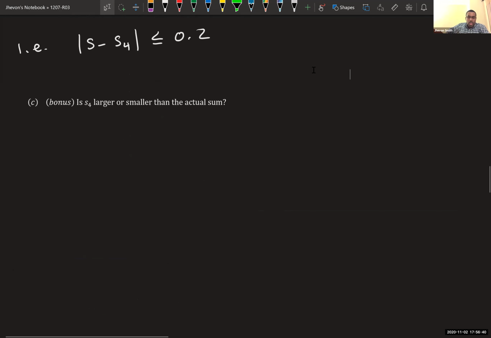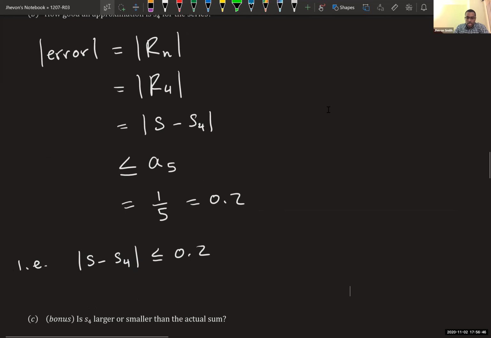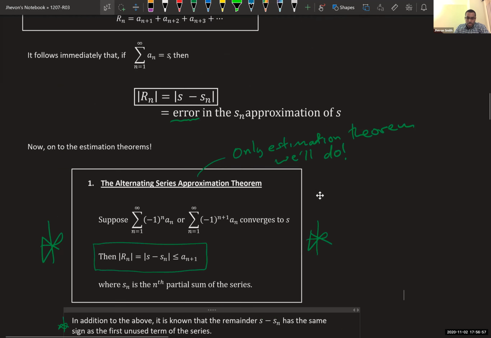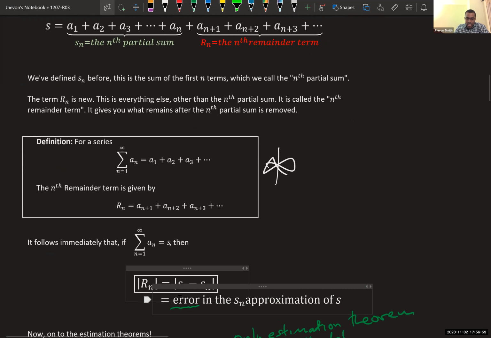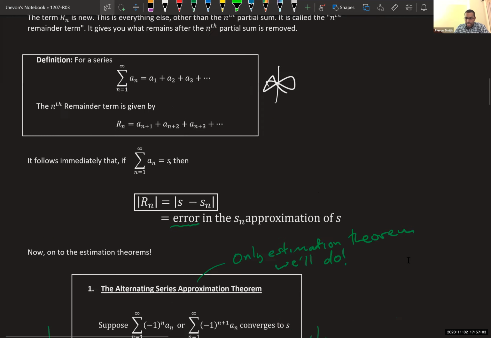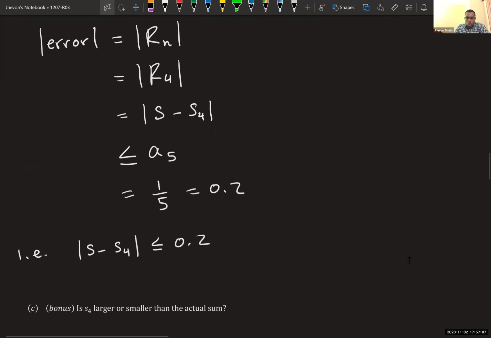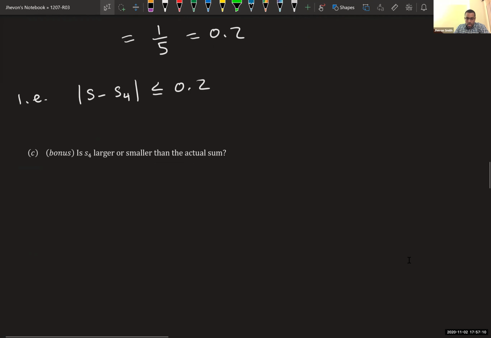Is S4 larger or smaller than the actual sum? So this is talking about the statement that I made here. This follows directly from how Rn is defined. It's just the difference between S and Sn. So notice here, what is the sign of A5?